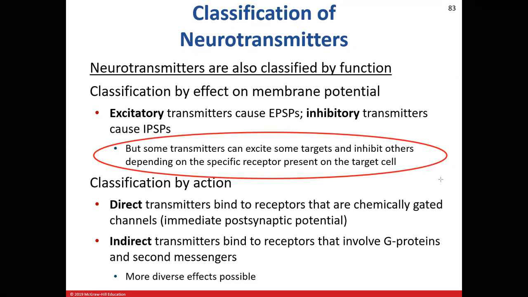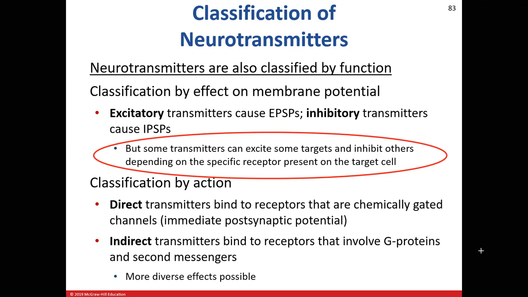We also classify them by action. So neurotransmitters can have direct action. Direct transmitters bind to the receptors that are chemically gated channels, and they provide an immediate postsynaptic potential. An indirect transmitter binds to receptors, and they involve second messengers, including G proteins.